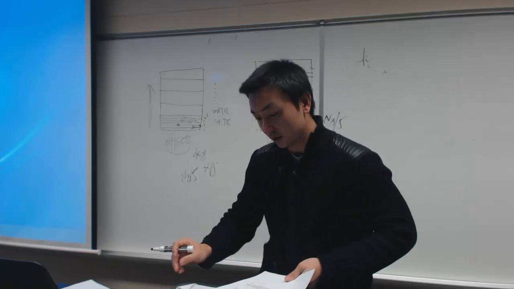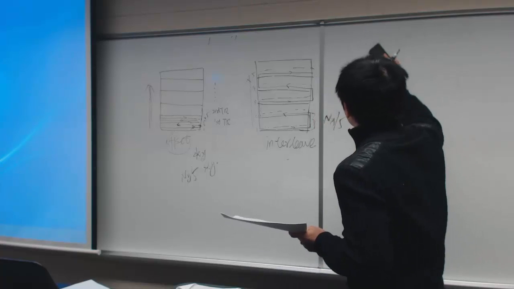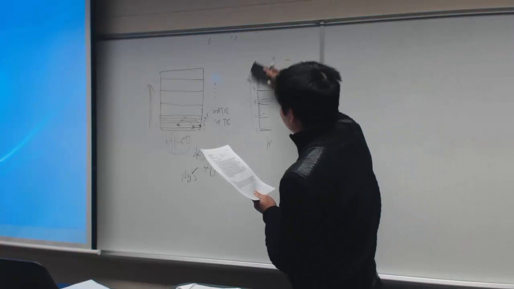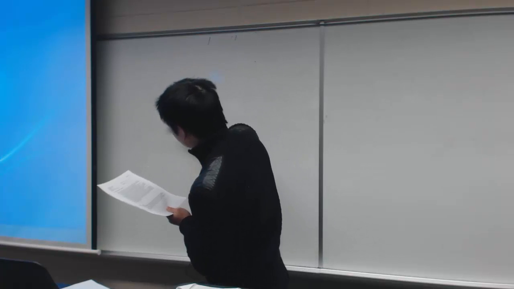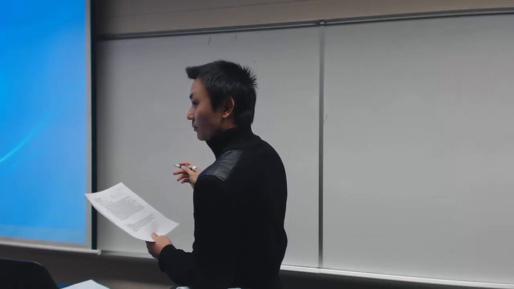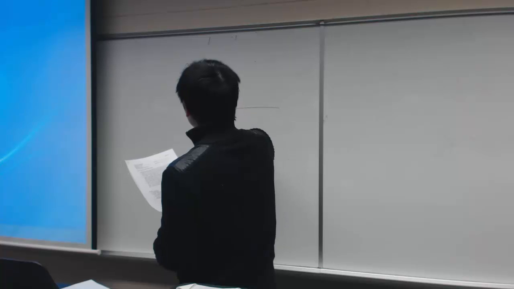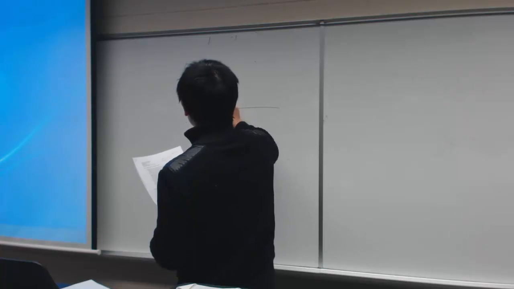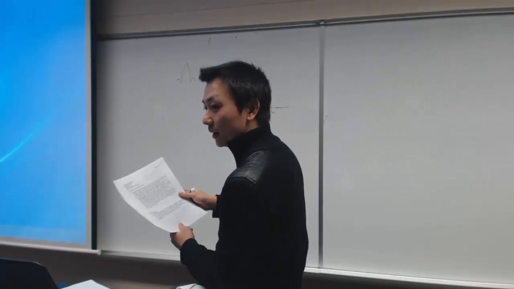Okay, so 1E. So 1E is a little bit, it's not related to the segmentation, but just multi-echo, gradient echo. So we have excitation, and then we collect multiple echoes.